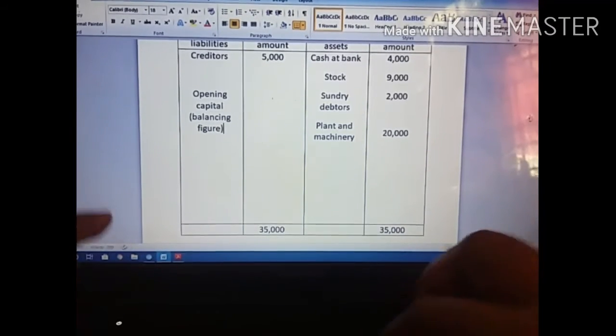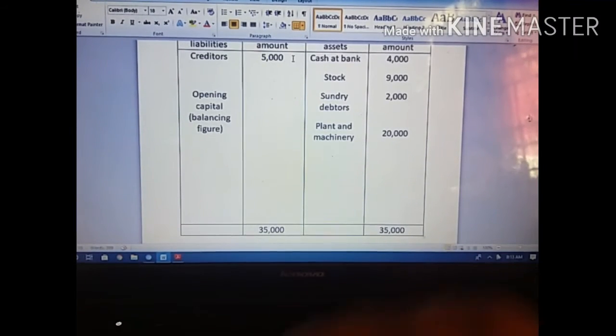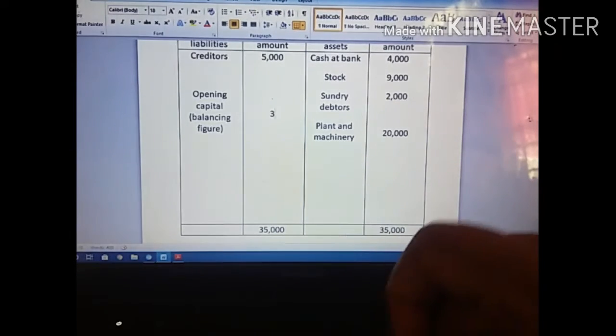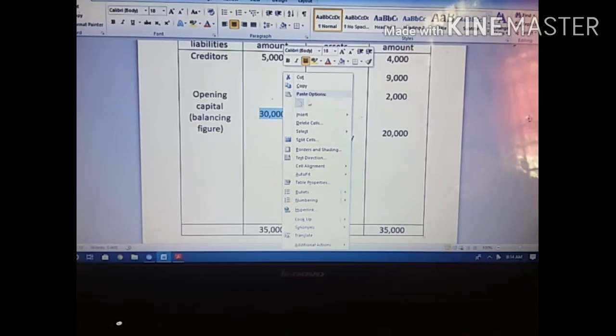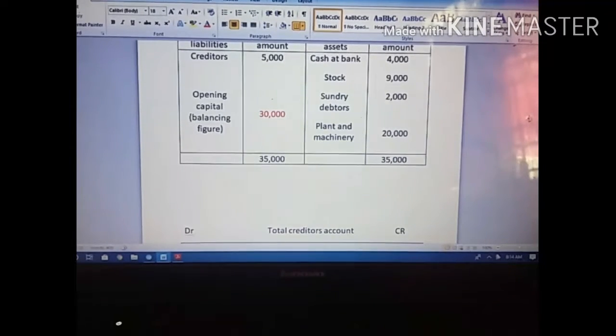So now we have found the opening capital through the statement of affairs, 30,000. Capital is missing, so we have to open a statement of affairs to find out the opening capital of the concern. Opening capital is very important for preparing a balance sheet. For that we have to find out the capital of the business through the statement of affairs.